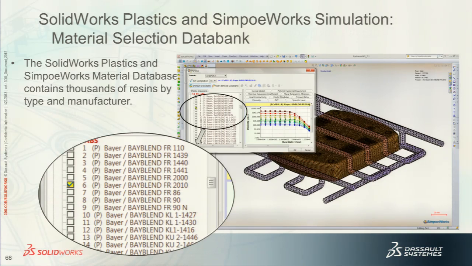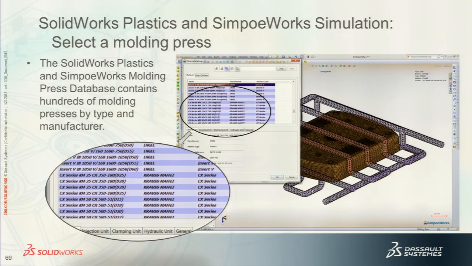You do have thousands of resins available in the material database, so you can really zero in on the material properties that you're going to be running your simulation with. Here, your molding press with all the unique mechanical properties are reflected in the selections that you have of your molding presses. There's hundreds of different injection molding presses listed in their database.